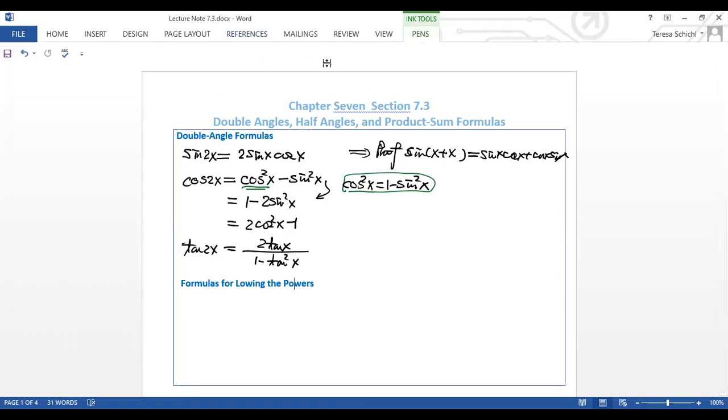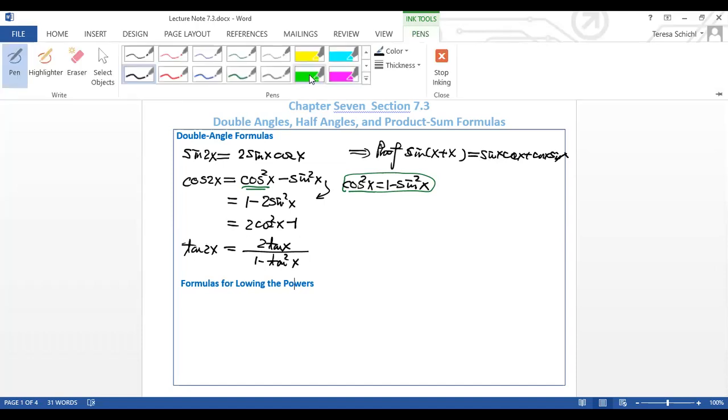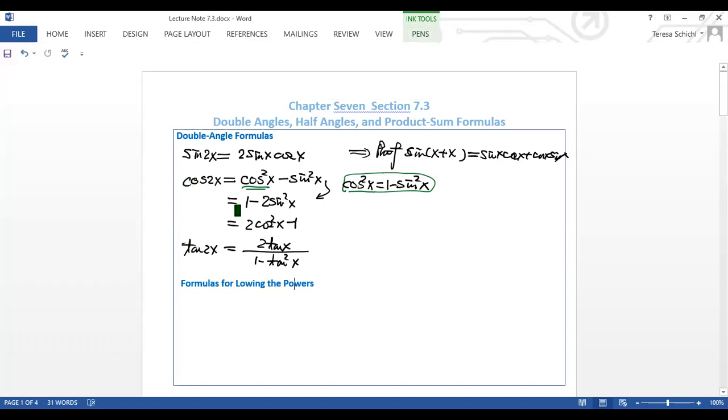In fact, with the double angle formulas, you can change the form a little bit, and it becomes quite handy when we try to lower the powers. So if you use the cosine formula, the first one here, cosine 2x is equal to 1 minus 2 sine squared x. When we mean lowering the powers, you do a little bit of algebra.